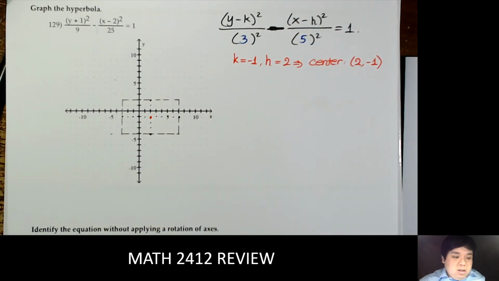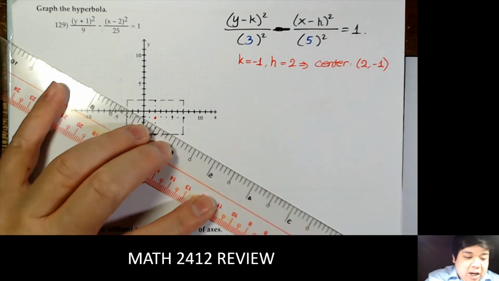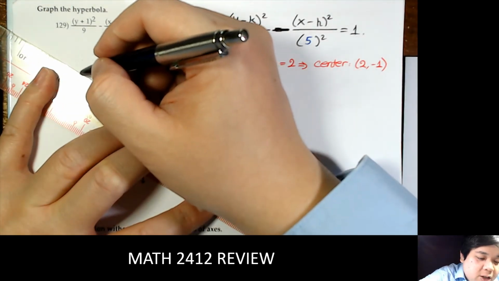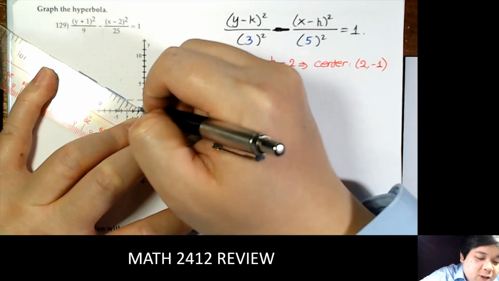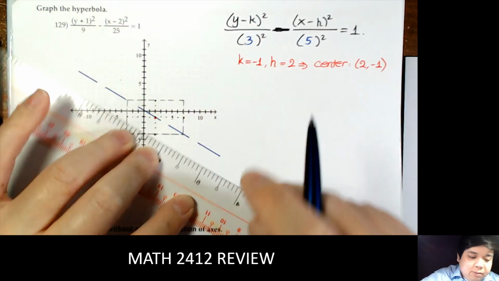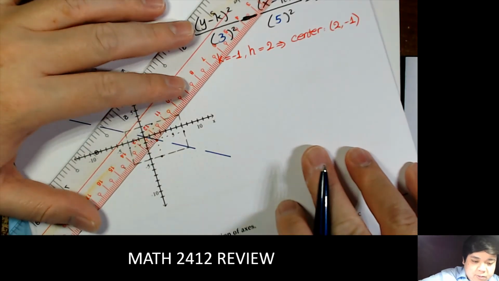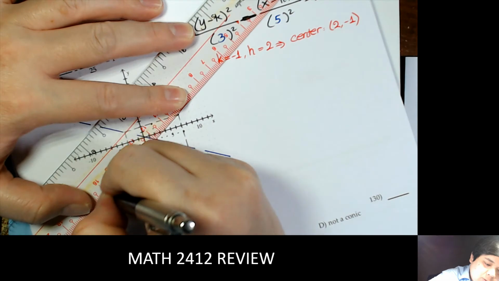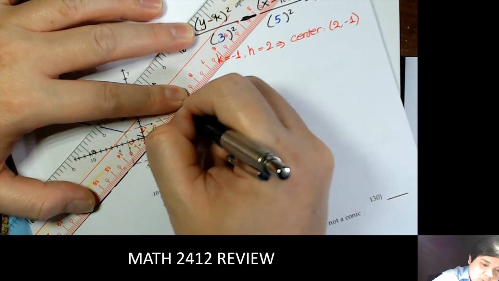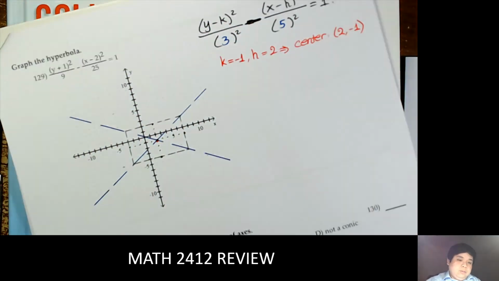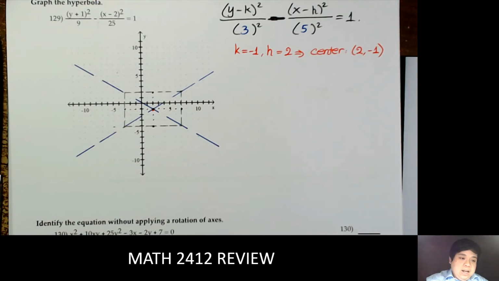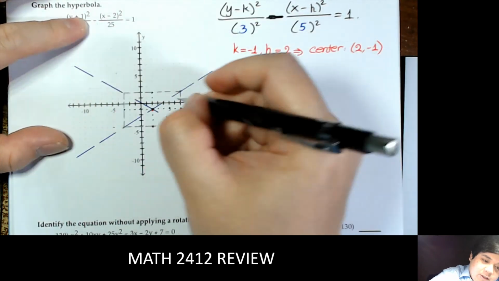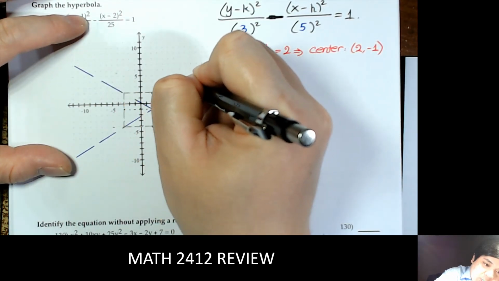So I have the box, and then the diagonals will give us the asymptotes. And then this one we start with the y, so this will be a vertical hyperbola, so it will be like this.